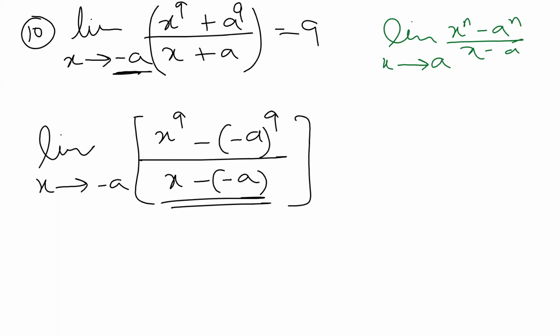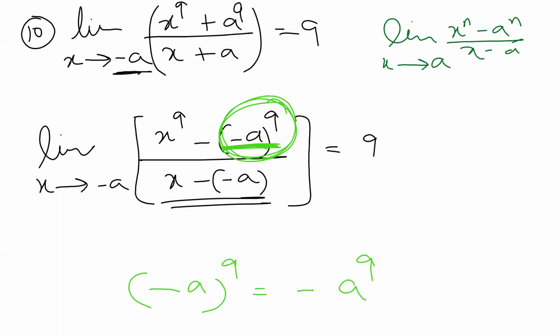Okay. Look at the manipulation. Now, guys, tell me. What is minus a the whole raised to 9? Minus a raised to 9, because minus raised to 9 is minus and a raised to 9 is a raised to 9.